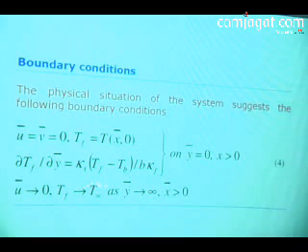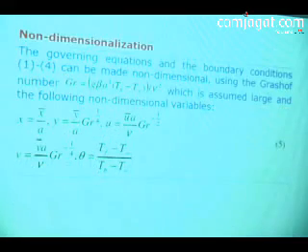And at infinity, the velocity is zero and the temperature is the temperature of the surroundings. To non-dimensionalize our equations we consider these quantities, and here we use the Grashof number, which is large for free convection.